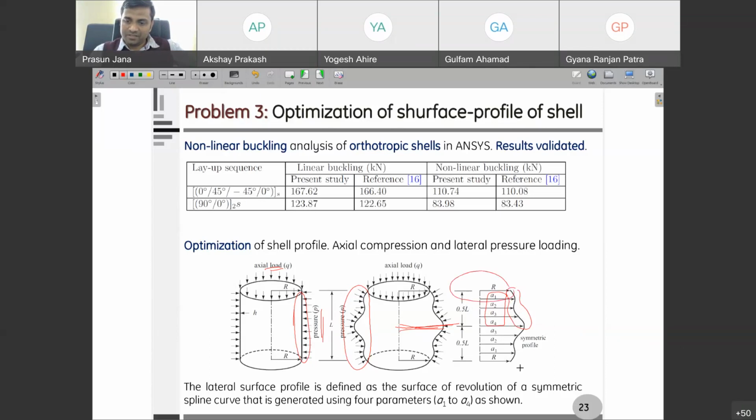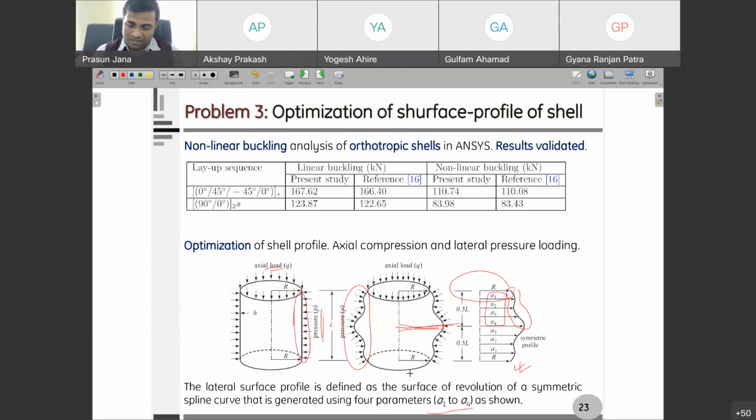This is how we have modeled the surface profile of the cylinder, and A1, A2, A3, A4 are the parameters that generate it. We can optimize these four parameters and see what the best surface profile is, which can give maximum buckling load.